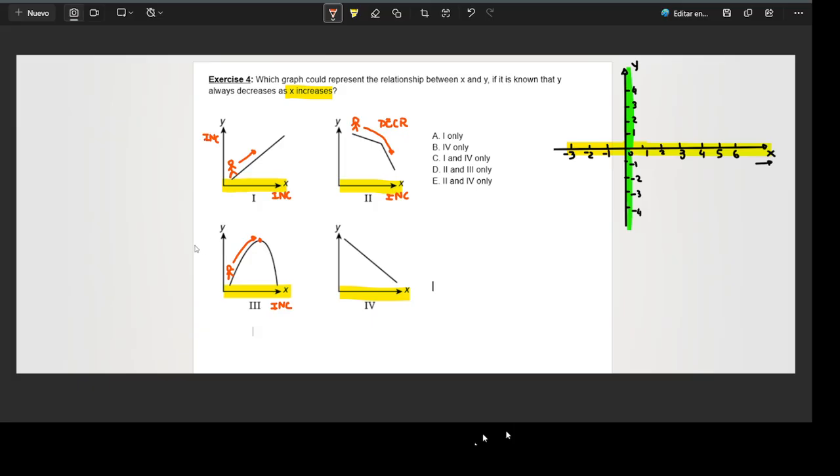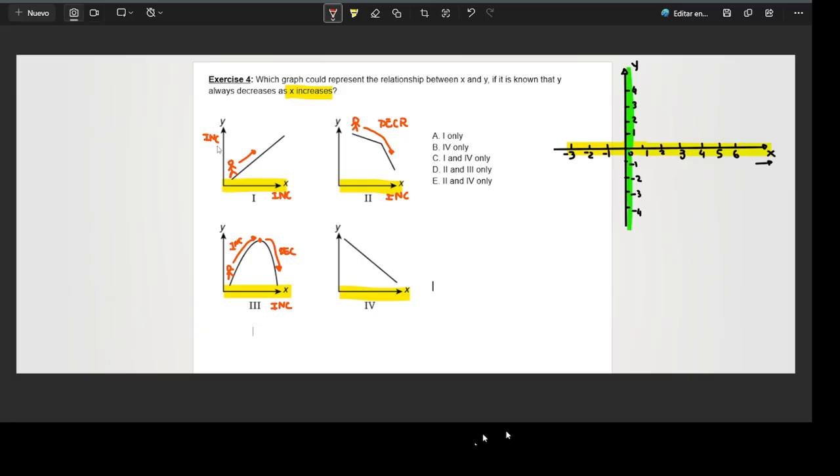So basically, just this part, you are increasing. And then after that, you are decreasing for the y-axis. So this one doesn't work. Why? Because it's increasing but then decreasing. And they said just decreasing. So this is not going to be an answer.